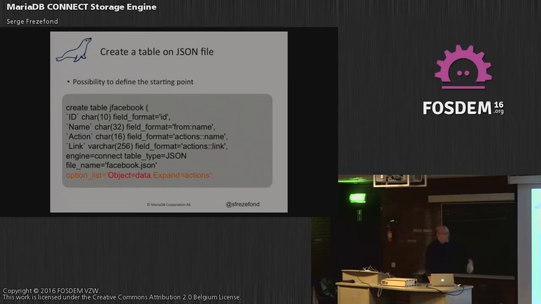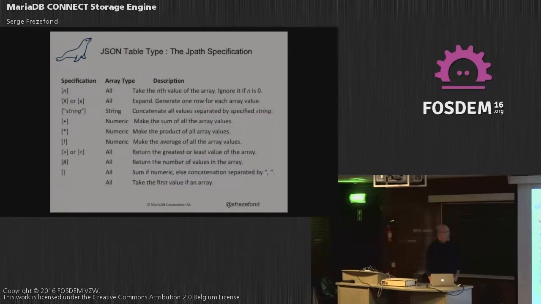Okay, so that's the syntax to do it. Nothing really special. What we have done, which is very specific, as I mentioned, is targeted more to BI-like queries. So we have added some capability to express aggregation through the syntax.